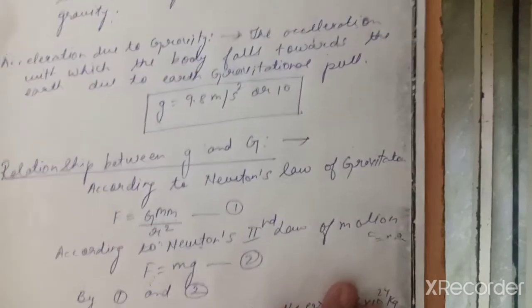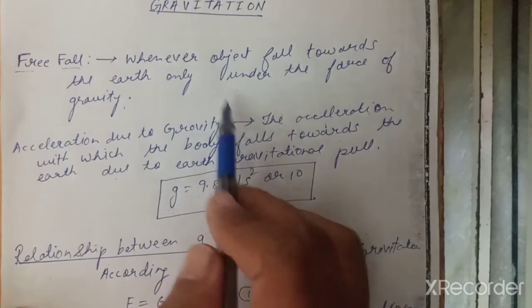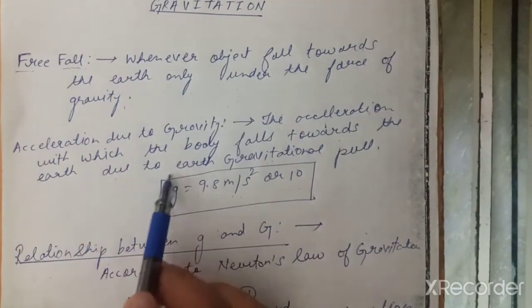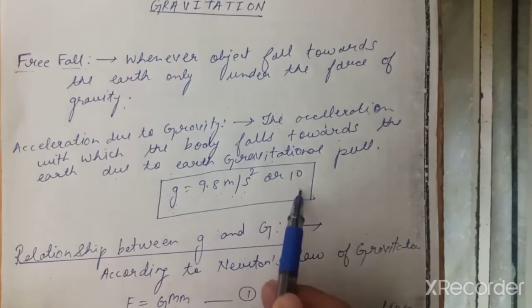So what we have studied today are two topics. First, free fall: when the object is falling freely under gravity, that is considered free fall, and the value of the acceleration due to gravity is 9.8 meter per second square, or 10.